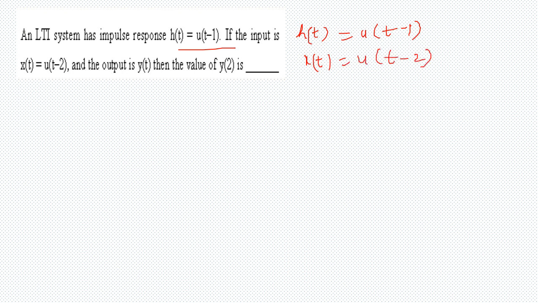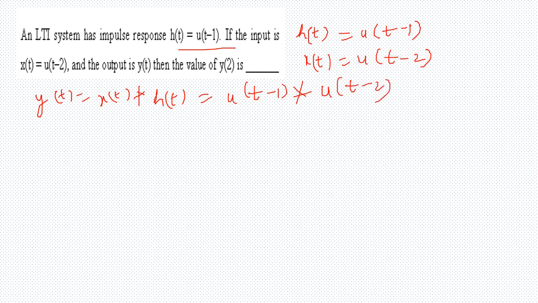So what is y of t? Y of t is simply the convolution, x of t convolved with h of t. It will be written as u of t minus 1 convolved with u of t minus 2.